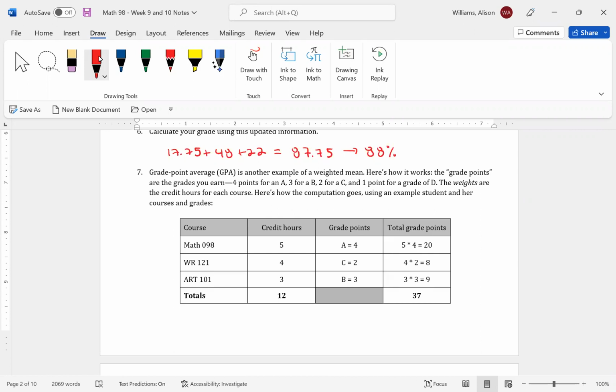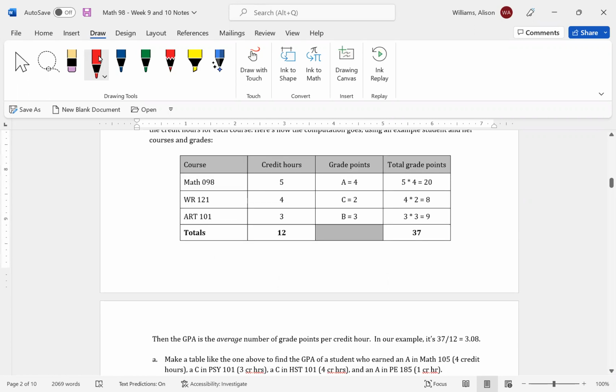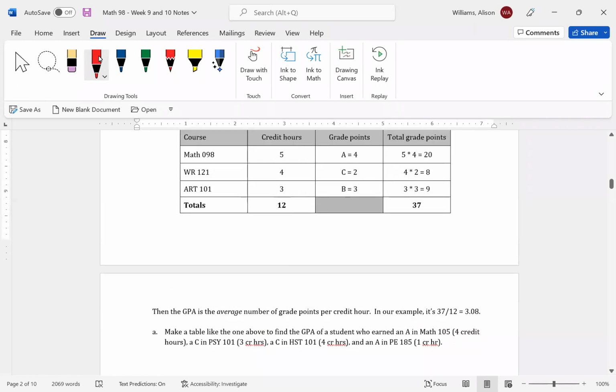I'm sorry, 2 grade points for a C at 4 credit hours. And then for Art 101, they got a B. And they figured out the total grade points. And so to calculate the GPA, you divide the total grade points by the total credit hours. And that gave a final GPA of 3.08.